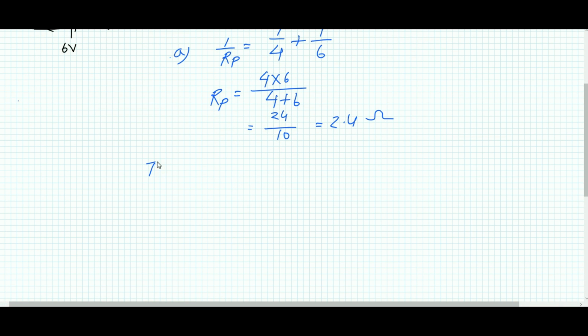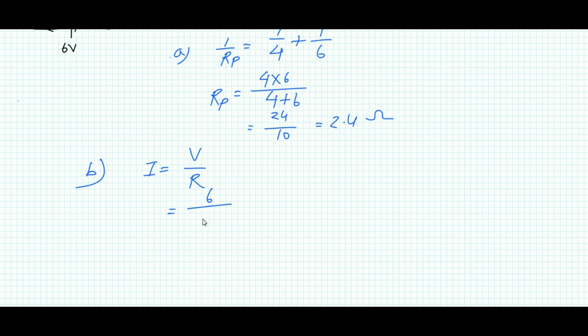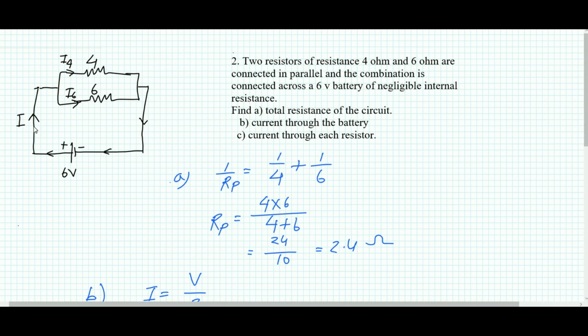So the main current I equals V by R. That is equal to 6 by 2.4 ampere. Replacing the decimal, 12 2s are 24 and 12 5s are 60, so it equals 2.5 ampere, or 5 by 2 ampere. So 2.5 ampere is the main current here.